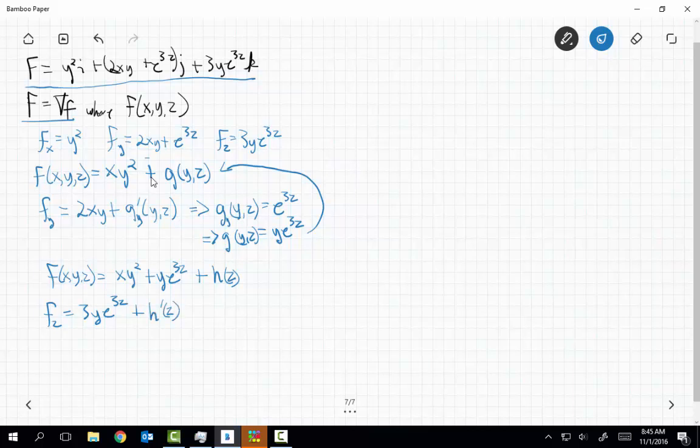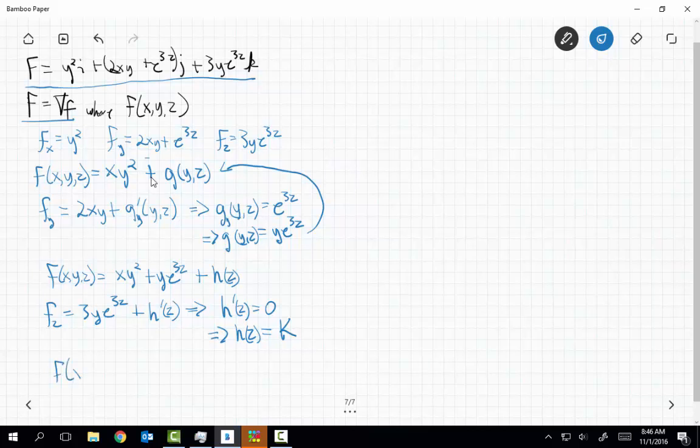Now look close. The partial with respect to z is this, which equals this. What does this imply? Well, it implies that h prime of z equals 0. If h prime of z equals 0, doesn't that imply that h of z equals some arbitrary constant k? And look at what I have. I've worked my way all the way through all of the partials and picked up all of the pieces of information that I needed.